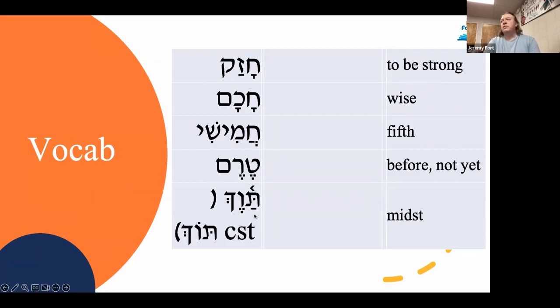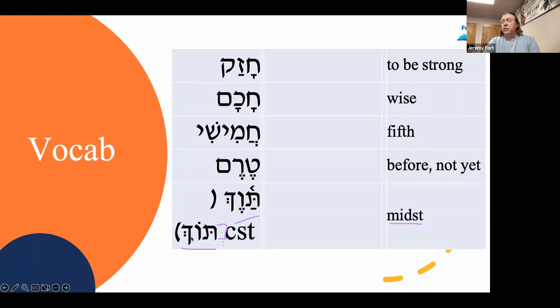Now, I learned something in this vocabulary I didn't know, which was interesting. I learned the word midst as tavek. I did not realize that tavek was the actual absolute form of the word midst. So you might know this a little better if I were to put a bet on the front of this, and we pronounce this betavek, which would mean in the midst.